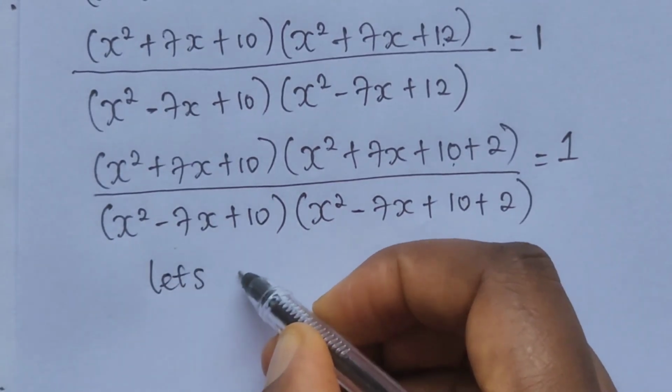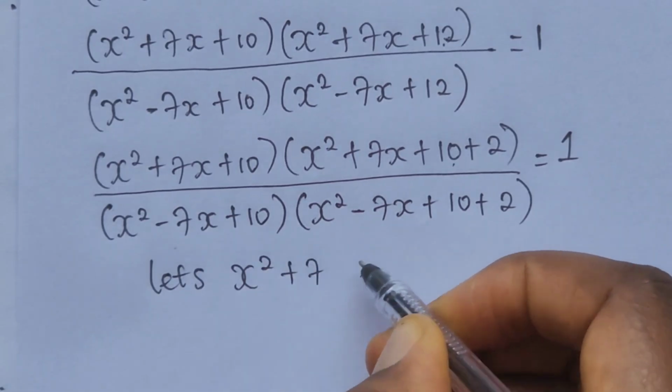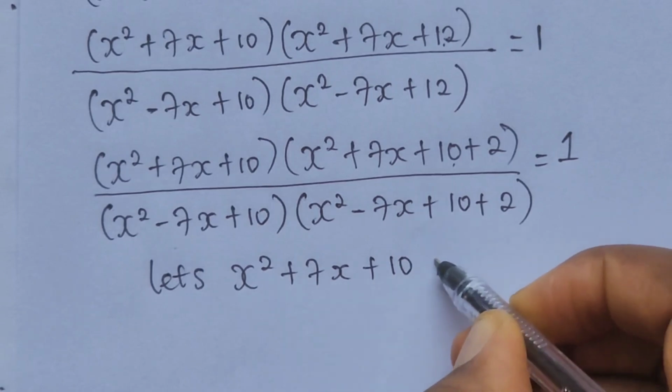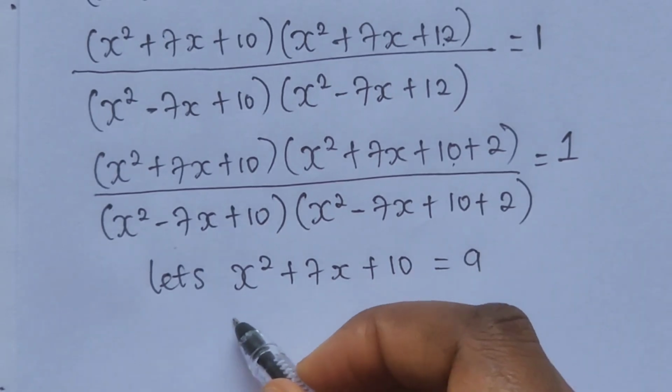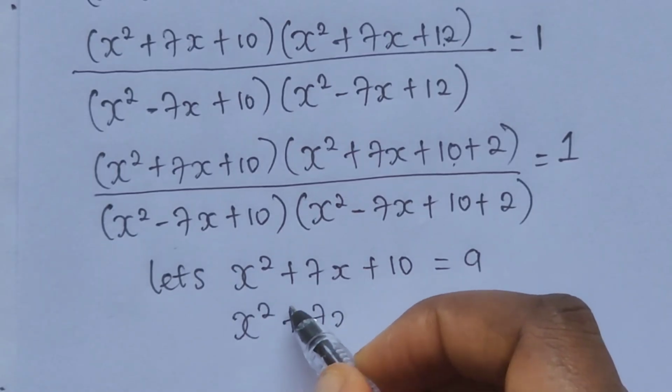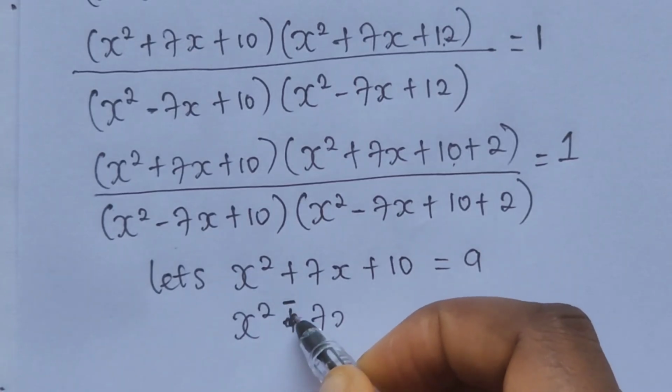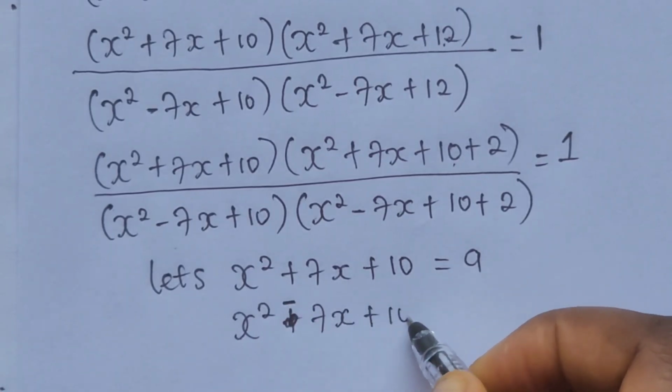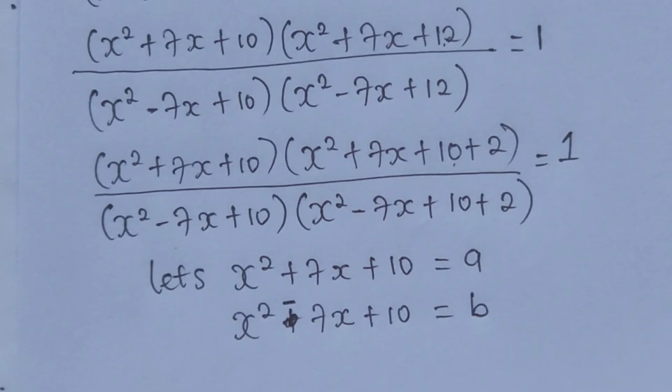Let's name x squared plus 7x plus 10 to be equal to a, and x squared minus 7x plus 10 to be equal to b.